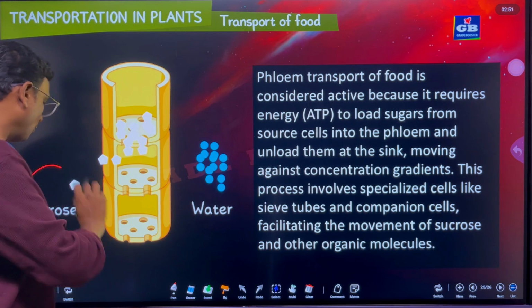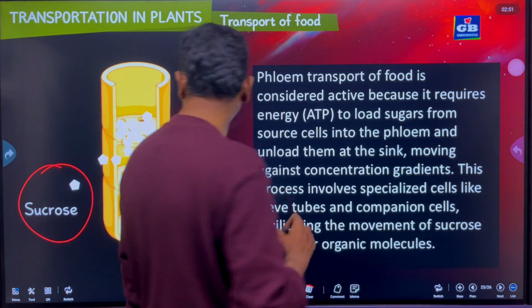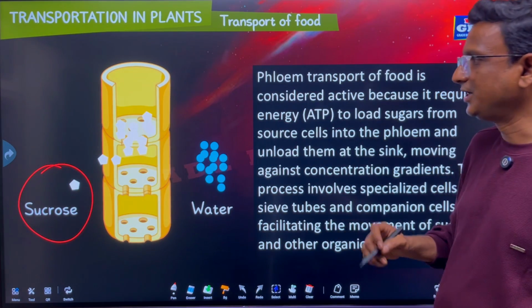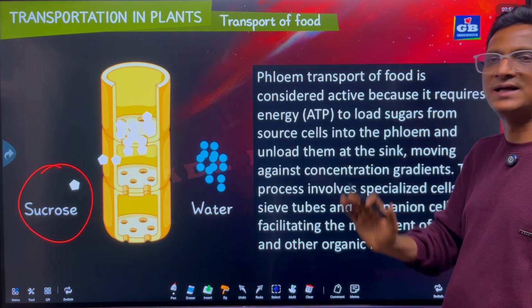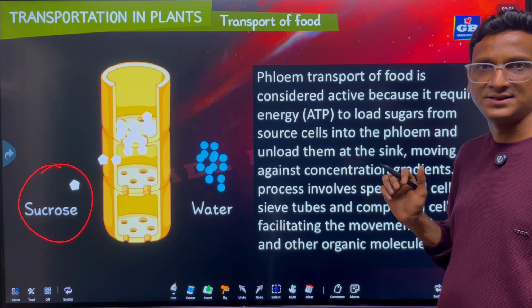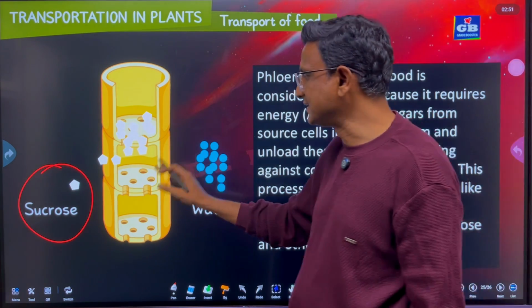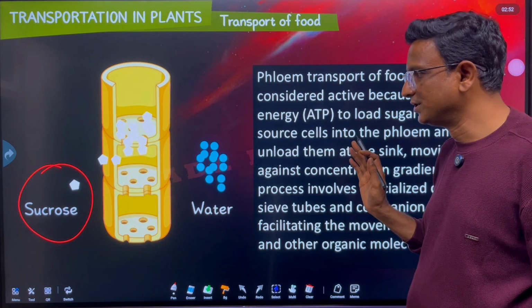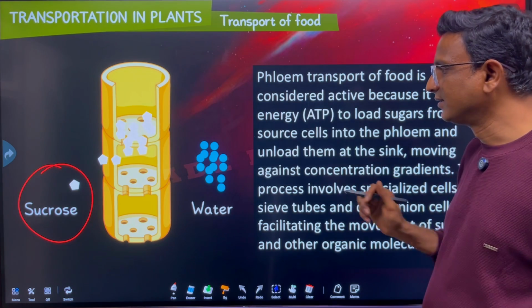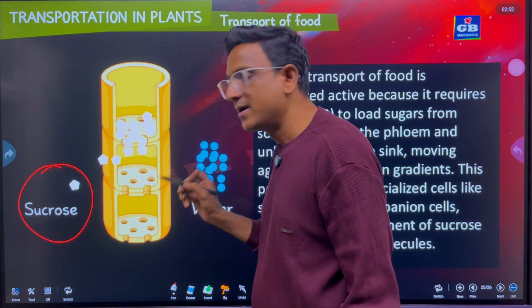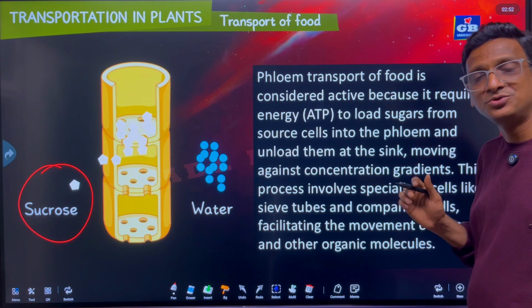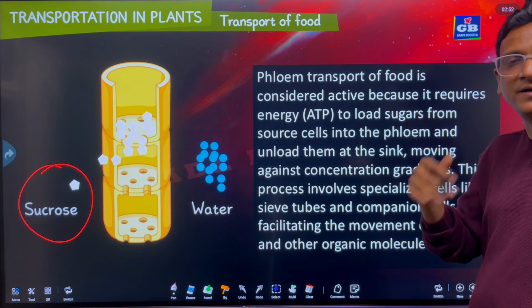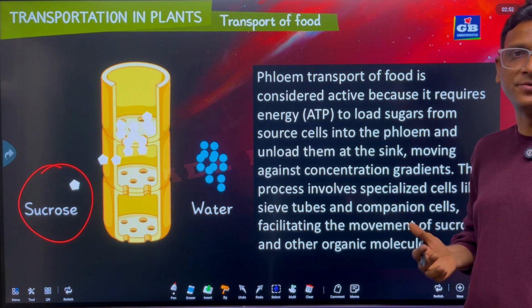For example, sucrose. Sucrose is the sugar. So the sucrose should move to different parts of the plant. For example, this is the stem part, it should go to the bud or flower or fruit. So how does it go? Here the phloem tissue, by using active transport. I already told you what is passive transport and active transport.